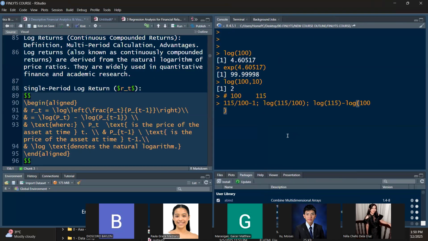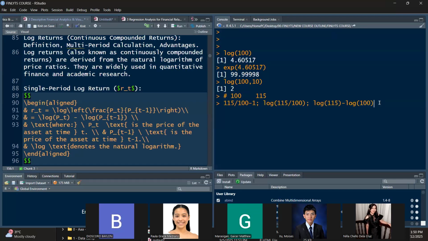So take a look at this, class. This is the simple returns, p sub t over p sub t minus 1 minus 1. This is the log returns, and this is also the log returns.